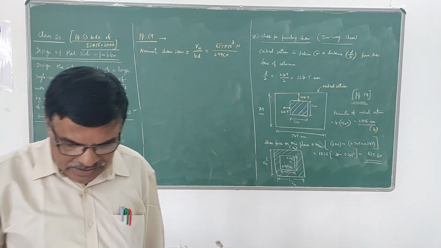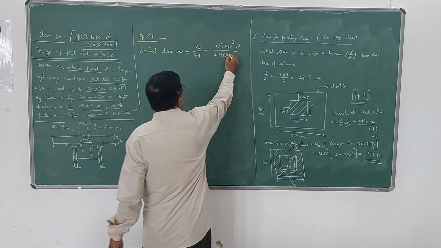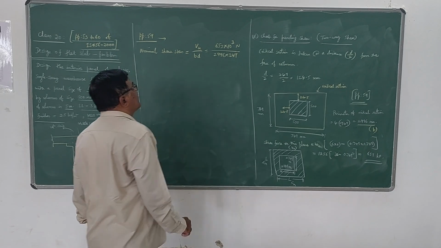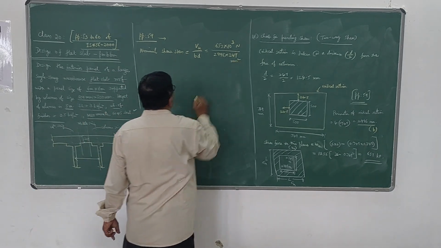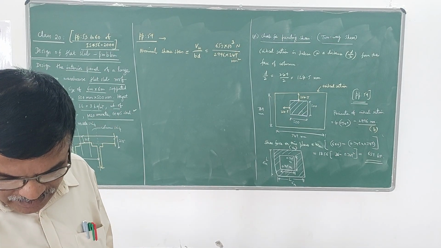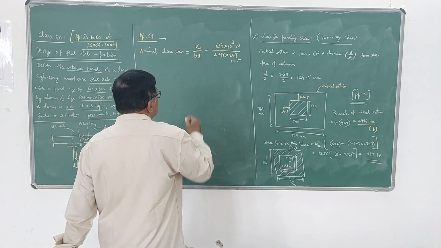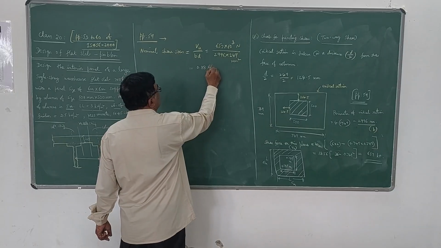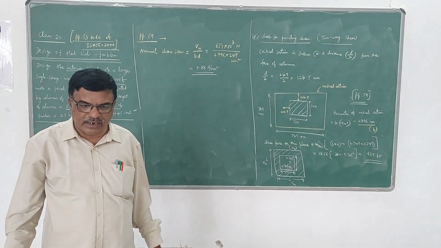Effective depth in this case is 249. This is in millimeter square. Simplify this and you get the nominal shear stress, 0.88 Newton per mm square. This is the nominal shear stress.